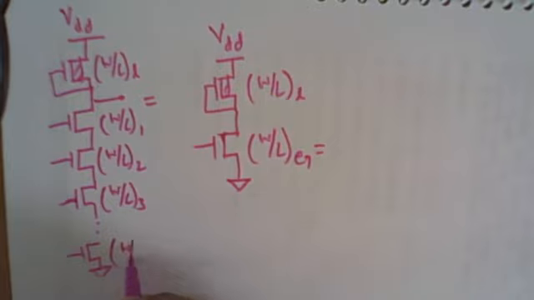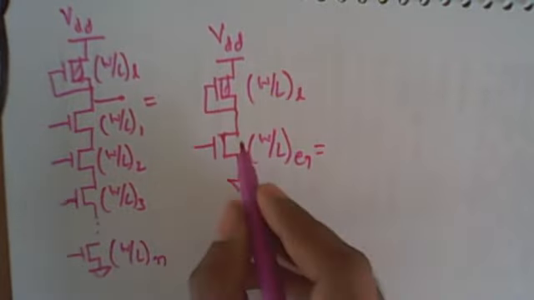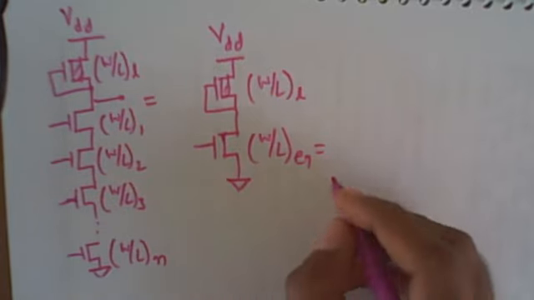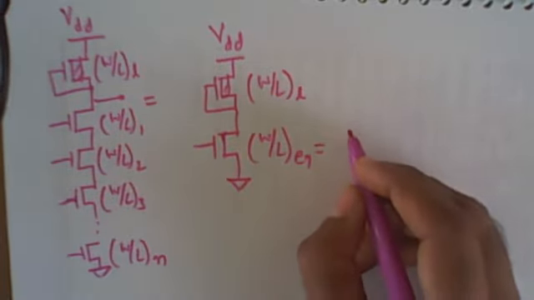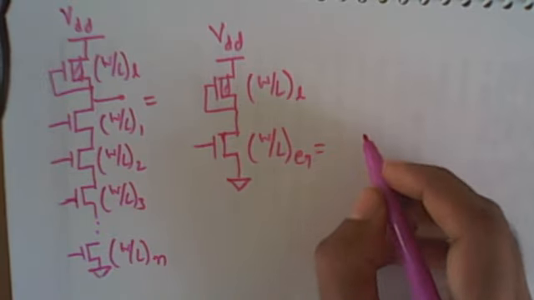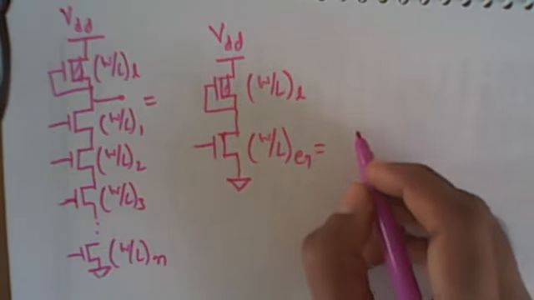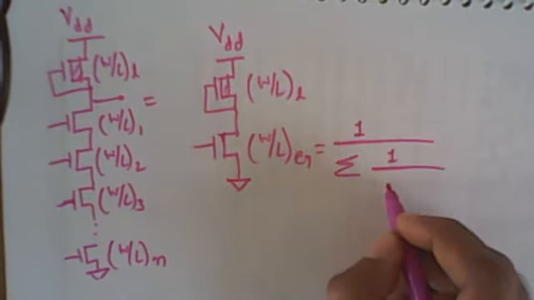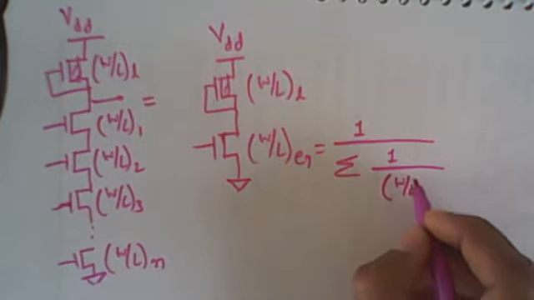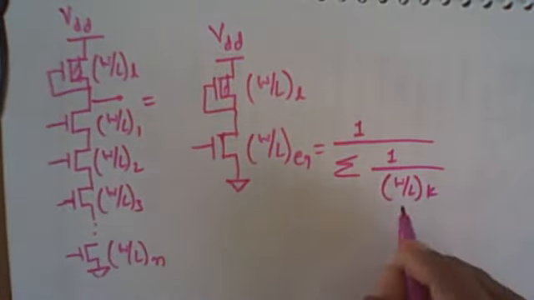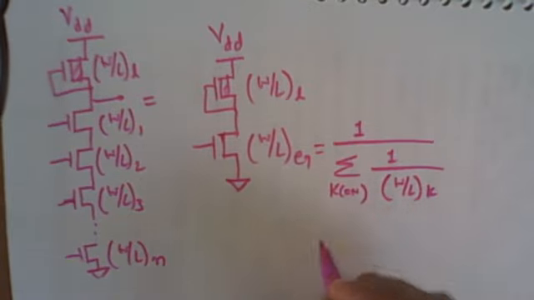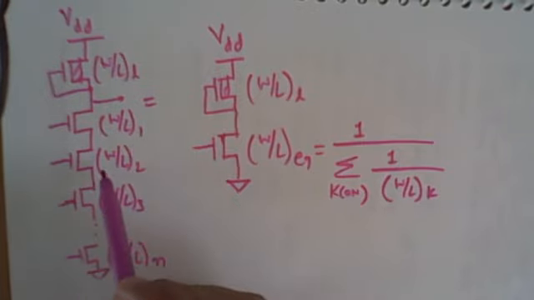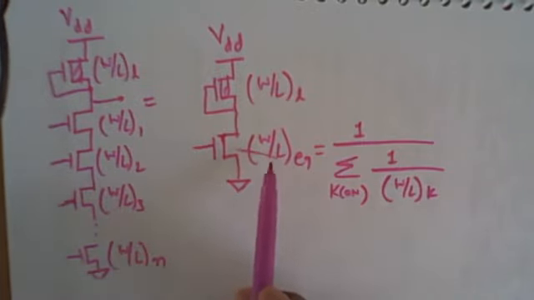Suppose these W upon L values of the NAND structure are given; how do we convert into the equivalent inverter structure? The W upon L equivalent is 1 upon summation of 1 upon W upon L of K. So from this NAND structure, first of all we find the W upon L equivalent using this formula.